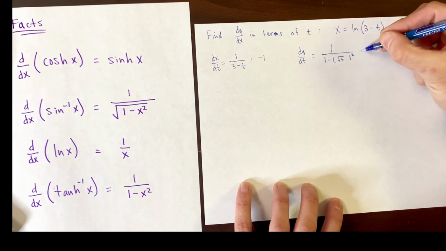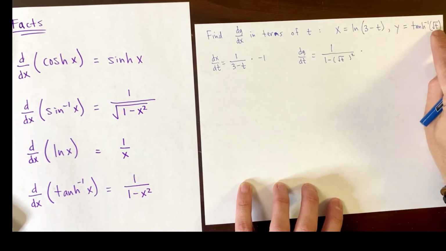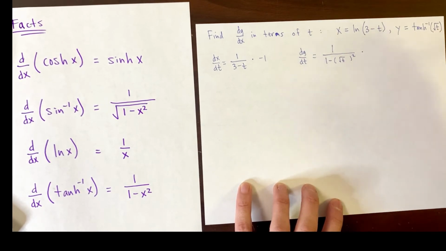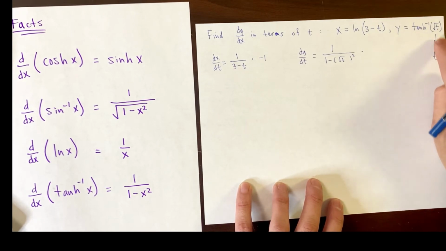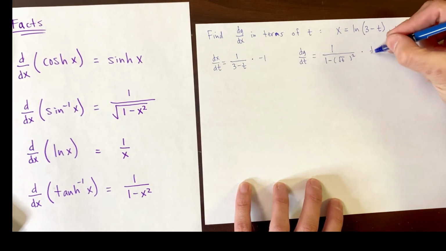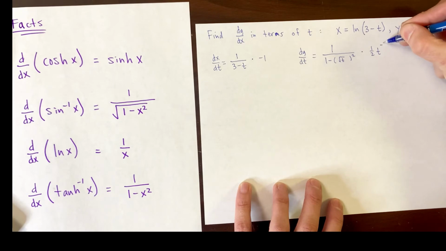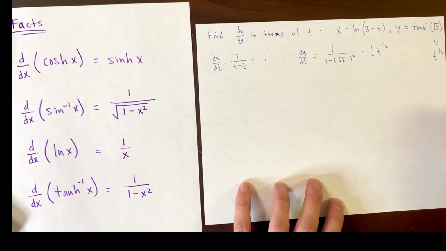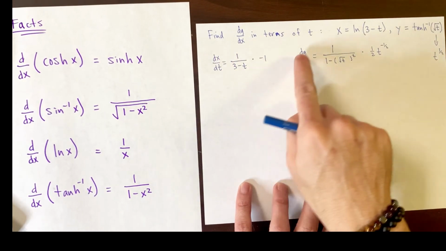But then recall that you immediately multiply by the derivative of this function based on the chain rule. So what's the derivative of square root t? Well, recall that square root t is the same as t to the 1/2. So let's take the derivative of that. And the derivative of this would be 1/2 t to the minus 1/2. So this is dx/dt and this is dy/dt.